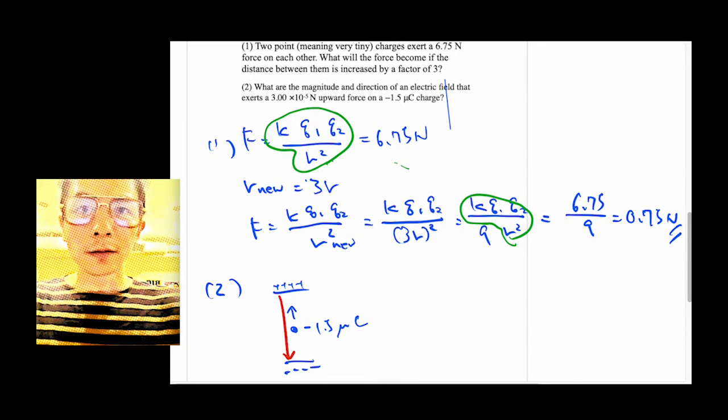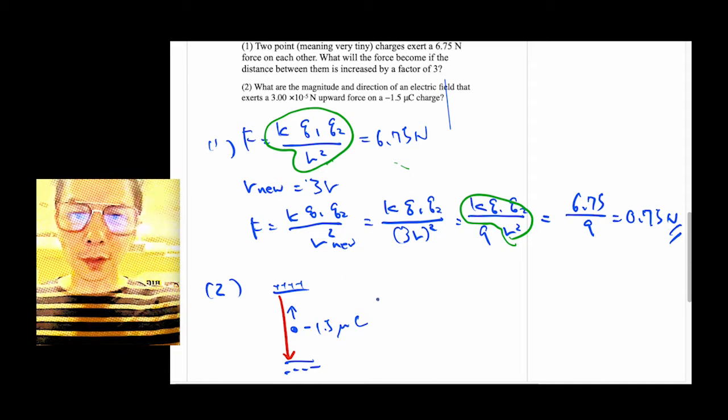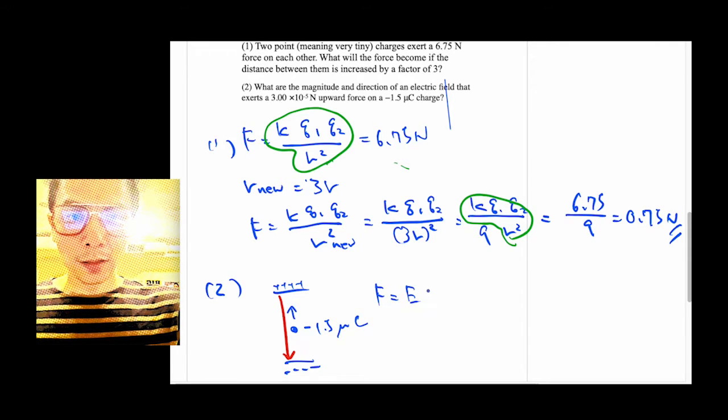Okay, now let's use the equation F equals E multiplied by Q. We know F, which is this one, and we know Q, which is this one.